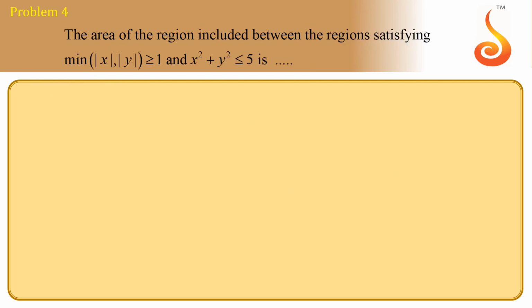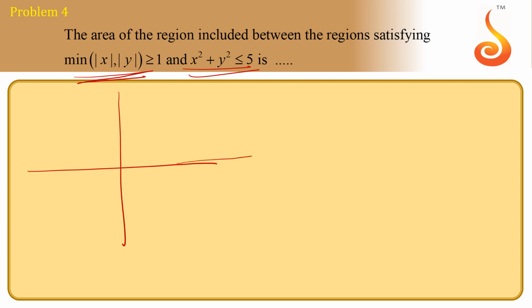The next problem. The area of the region included between the regions satisfying minimum of mod x comma mod y greater than or equal to 1 and x square plus y square less than or equal to 5. So you know that this is a circle, and minimum of mod x comma mod y greater than or equal to 1.